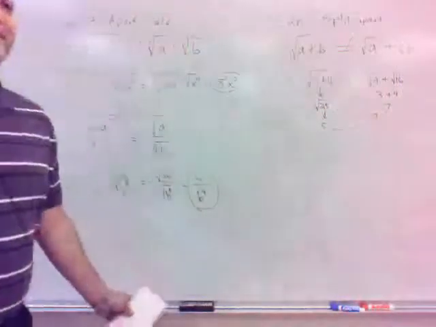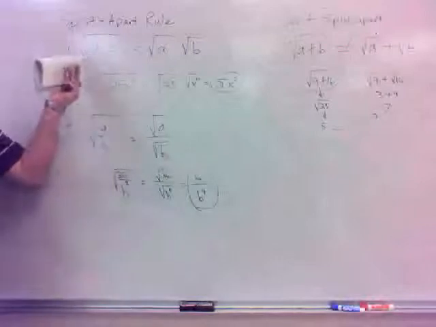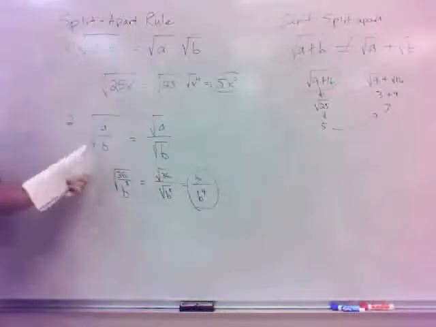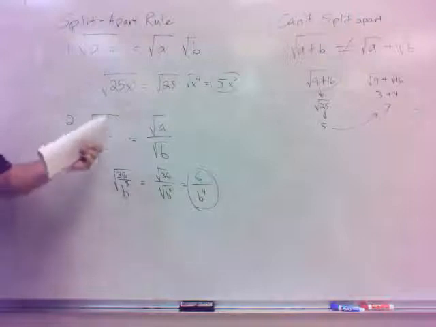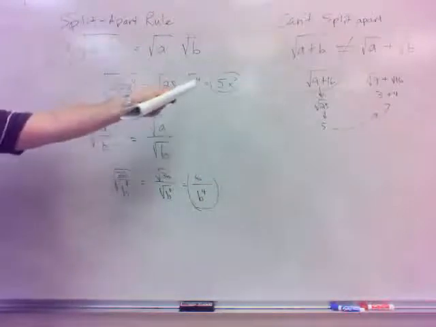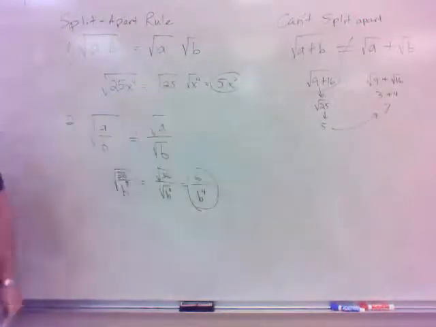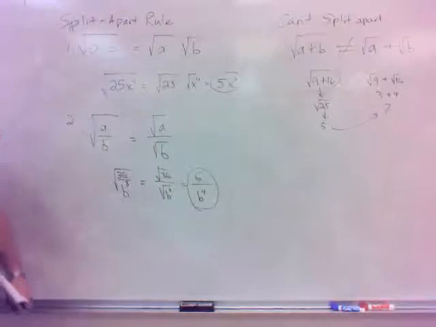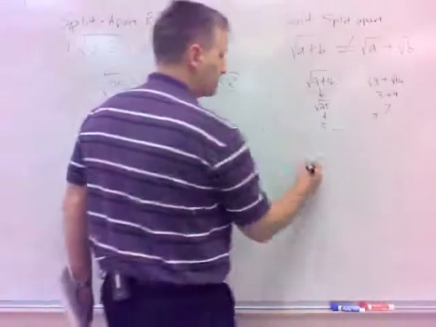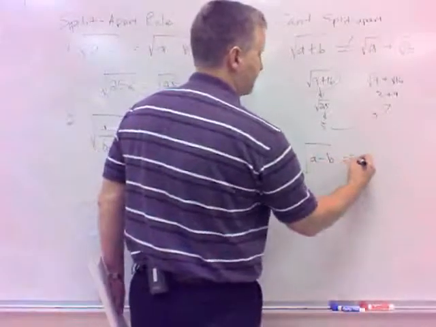It doesn't match up. It does when you do multiply or divide. It matches up. But it doesn't match up when you add. Have square roots and add in the middle. And same thing for minus. You can't split that apart.